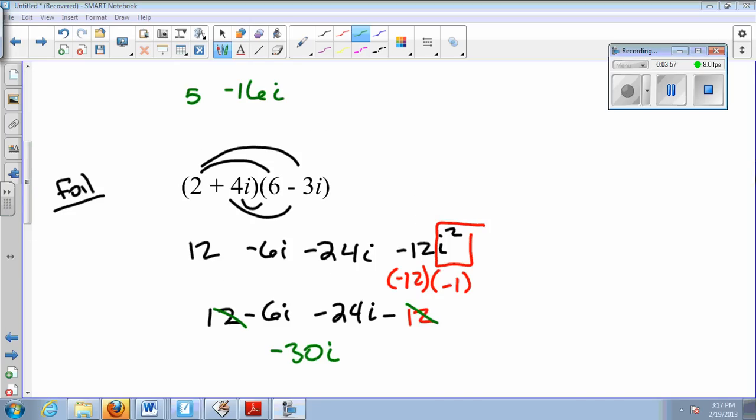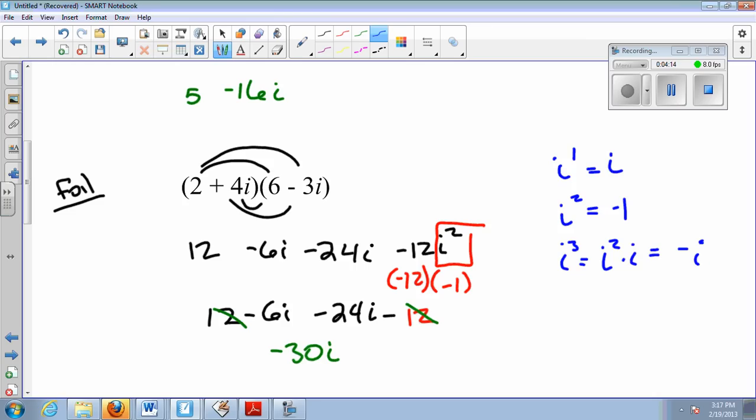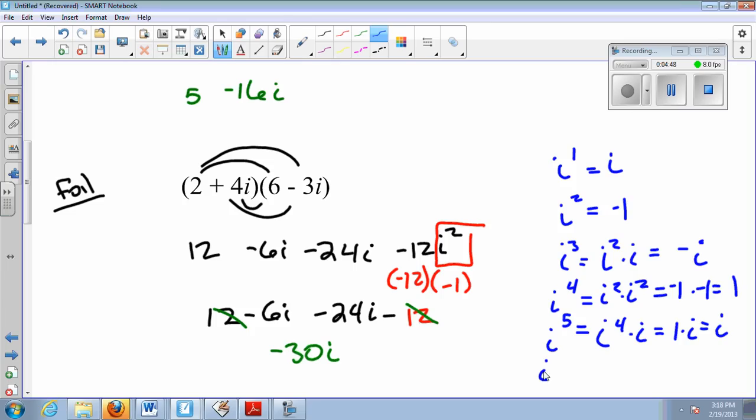Before we go on to dividing, let's talk about i to powers. i to the first is just i. i squared is -1. i cubed goes to i squared times i, which becomes -i. i to the fourth goes to i squared times i squared, which goes to -1 times -1, which is +1. i to the fifth, we break it down as i to the fourth times i, which is 1 times i, which is i. i to the sixth, we break it down as i to the fourth times i squared. 1 times -1 goes to -1.